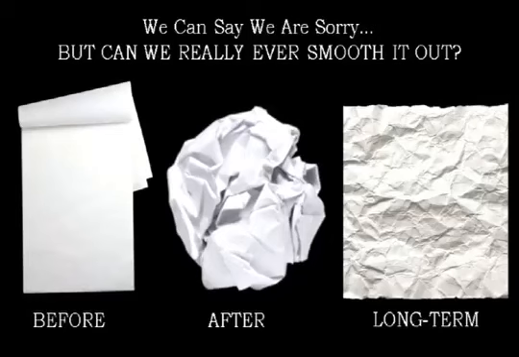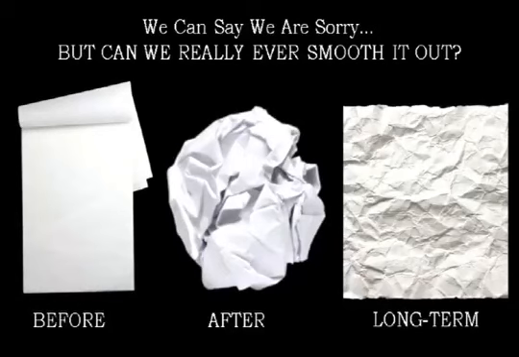Anything like that could be hurtful to somebody. You can say you're sorry, but in the long term, you see that third piece of paper? Have you ever tried to take a crumpled up piece of paper and smooth it out to its original? Can you get it back to that original condition there on the left? You can't do it. I don't care how hard you try.